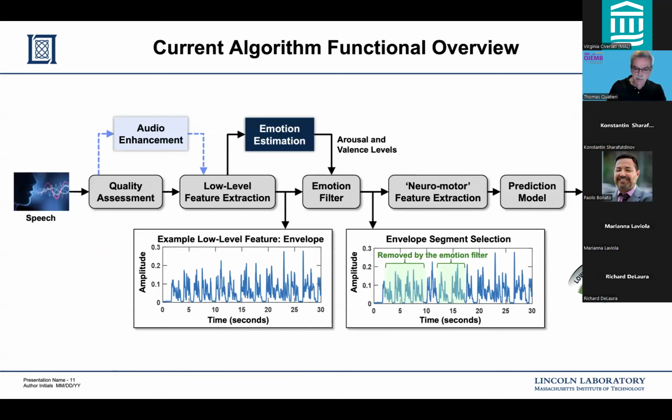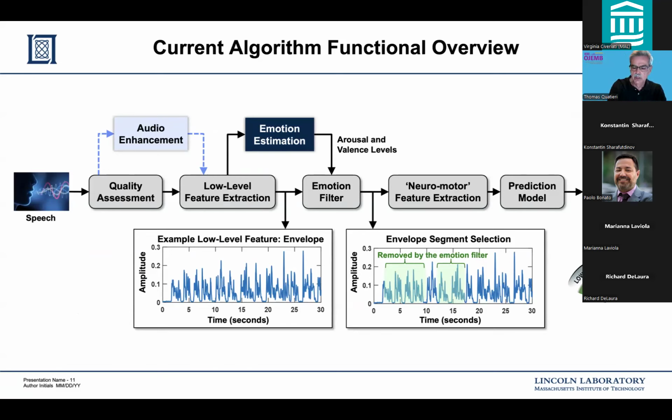So this is putting it all together. Here's the big pipeline. We take a speech signal, the acoustic signal. We do a quality assessment to decide whether or not we want to enhance the signal. We measure low-level features. These are the features I mentioned earlier: loudness, pitch, resonance of the vocal tract. We then use these to predict the level of arousal and valence of each segment of speech as a function of time.